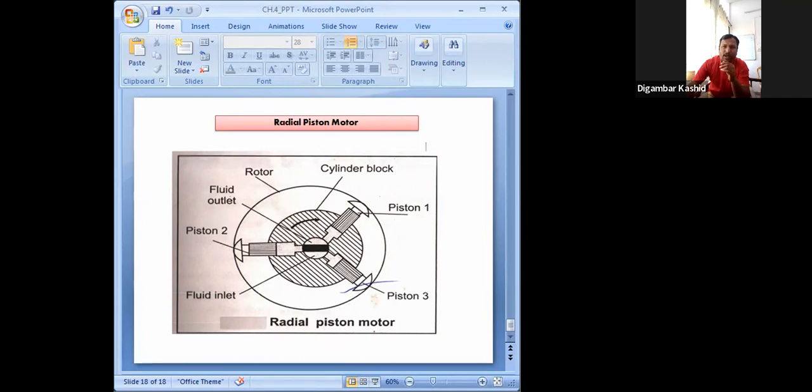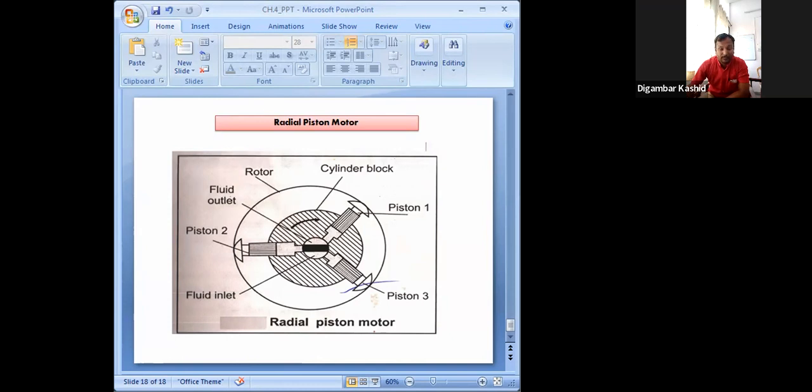Here in the radial piston motor, you can see the pistons number 1, 2, 3. Fluid will come to this side of the piston, and due to that the piston movement will happen.